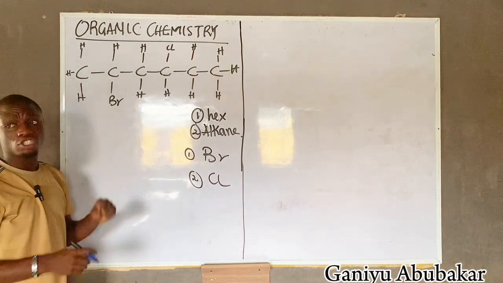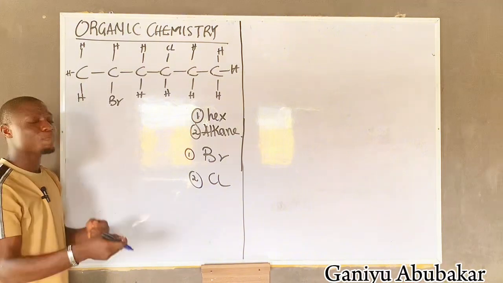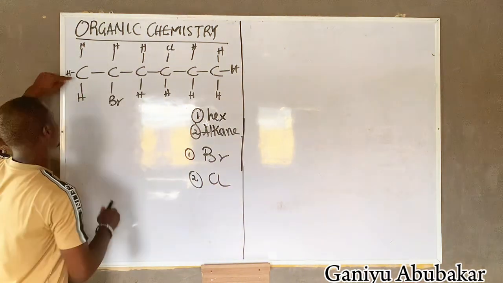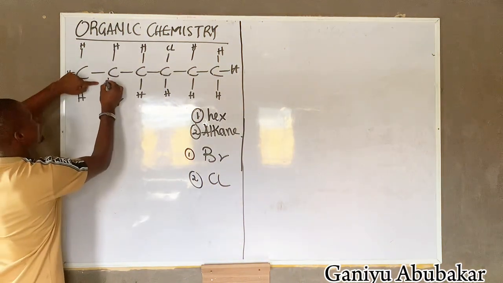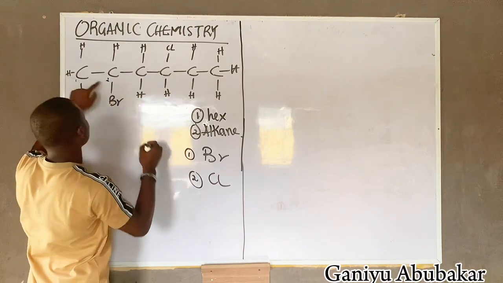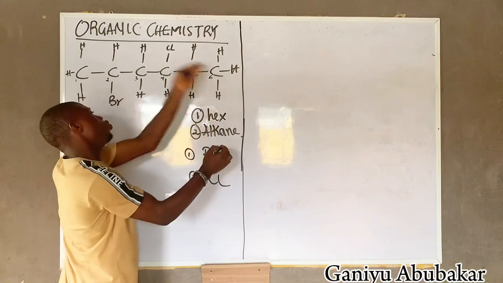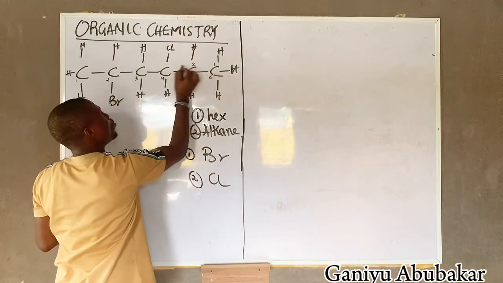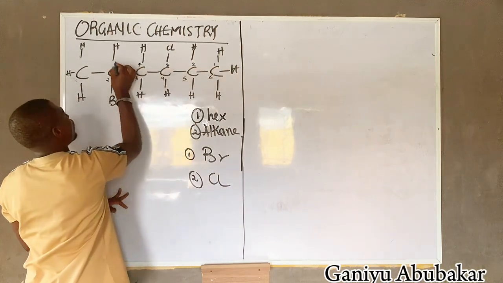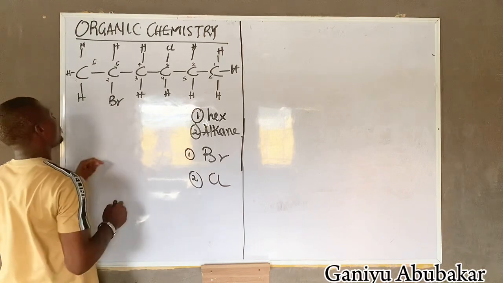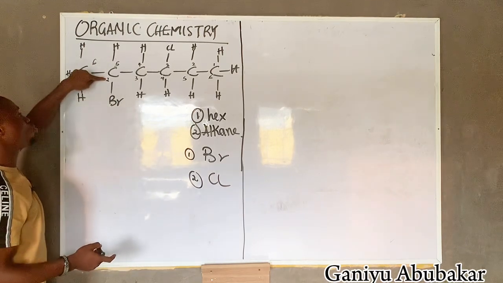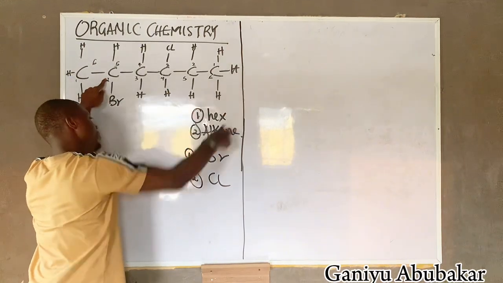I'll do my numbering such that I'll have the lowest possible number for bromine. So with upper numbering, 1, 2, 3, 4, 5, 6. Lower numbering, 1, 2, 3, 4, 5, 6. Now my bromine is attached to carbon 2 using upper numbering.